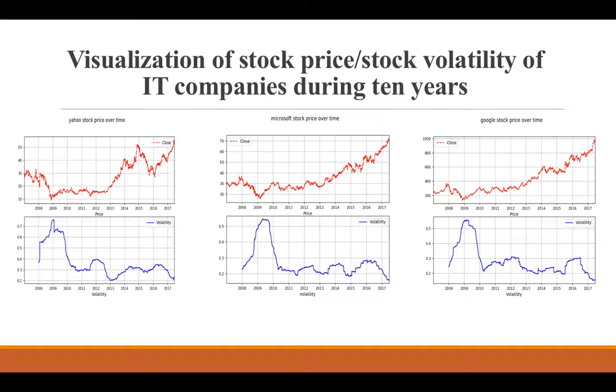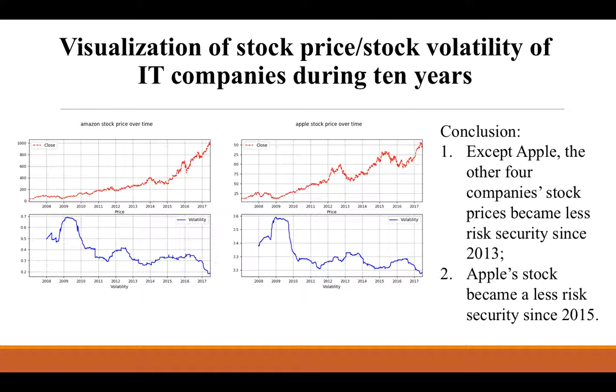Here is the result of IT companies' stock close price and volatility. They are Yahoo, Microsoft, Google, Amazon, and Apple. We can see that except Apple, the other 4 companies' stock prices become less risky since 2013. Apple's stock became a less risky security since 2015.